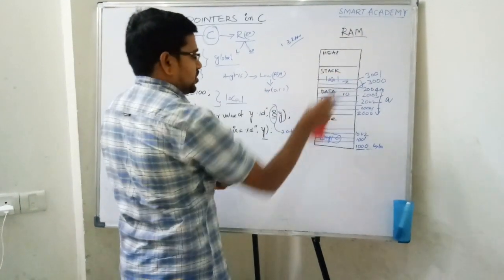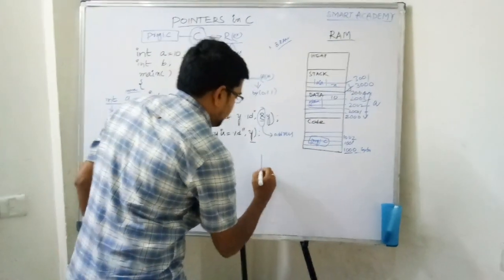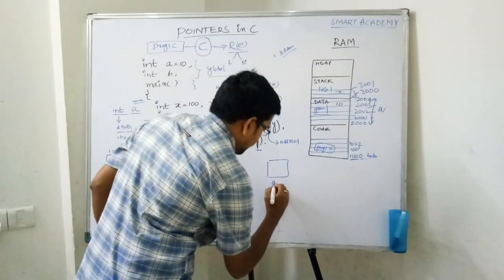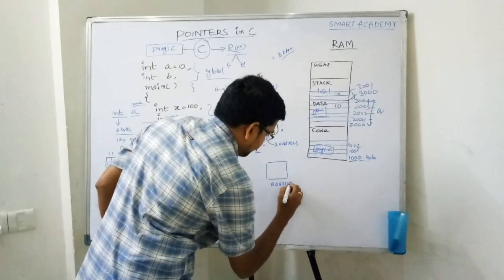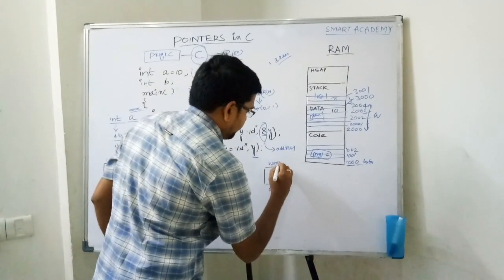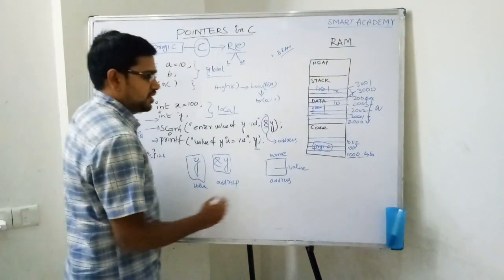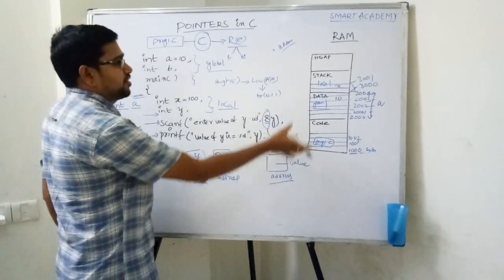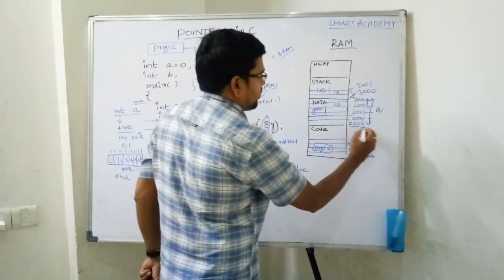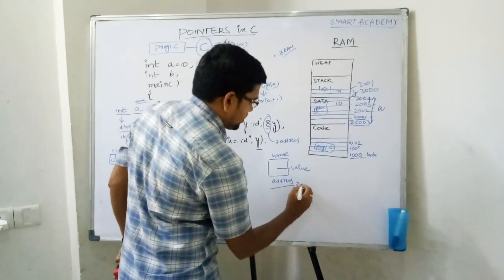So as I mentioned here, every variable will have an address, a name and a value. Right? So address, as I mentioned, if it takes 4 bytes, then this is the base address, 2000 in this case.